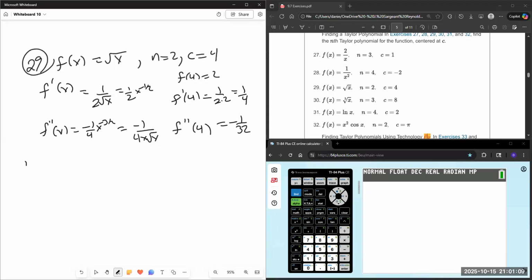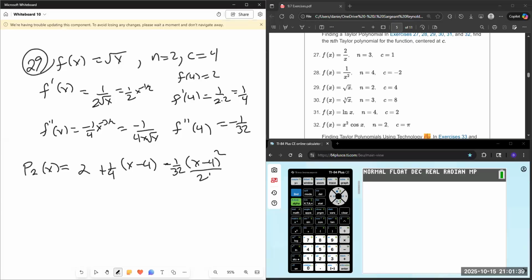So we're going to have f of x, which is going to be p sub 2 of x, equal to 2 plus 1/4 times x minus 4 minus 1 over 32 times x minus 4 squared over 2 factorial.